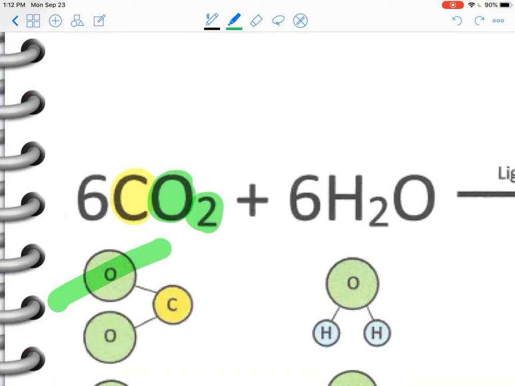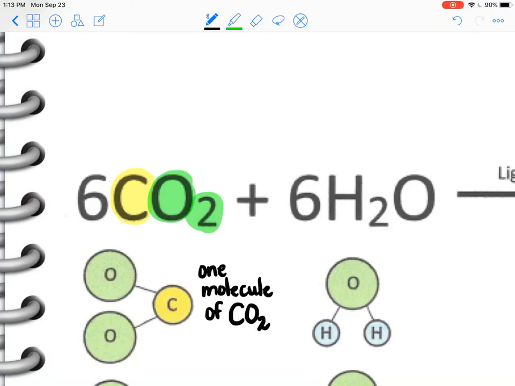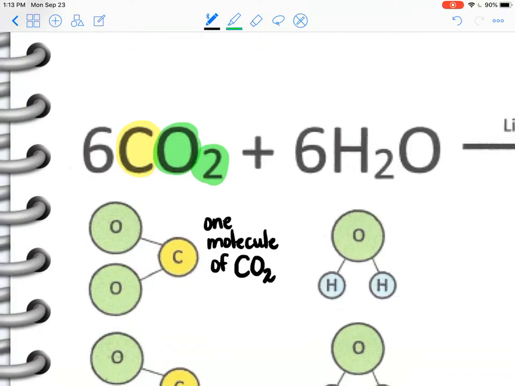That is a molecule. Let me do it this way. This is one molecule of CO2. One carbon, two oxygens. And hopefully that will ring a bell. This is carbon dioxide. CO2 is carbon dioxide.